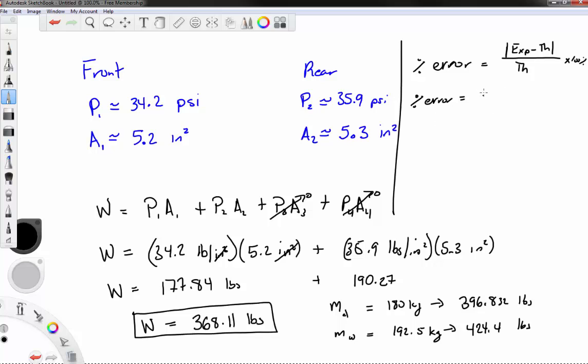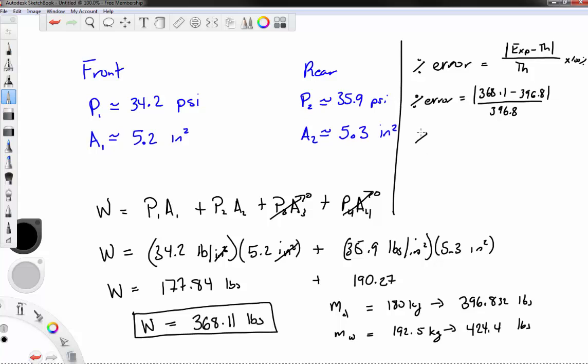The percent error here is going to be 368.1 minus 396.8, divided by 396.8, taking the absolute value.